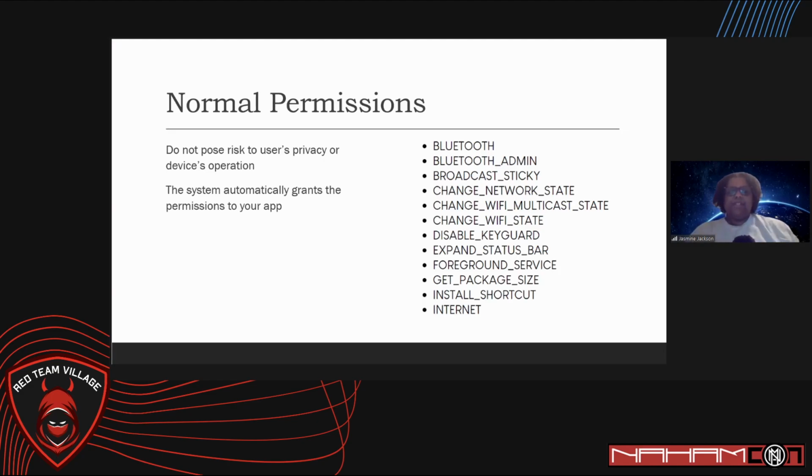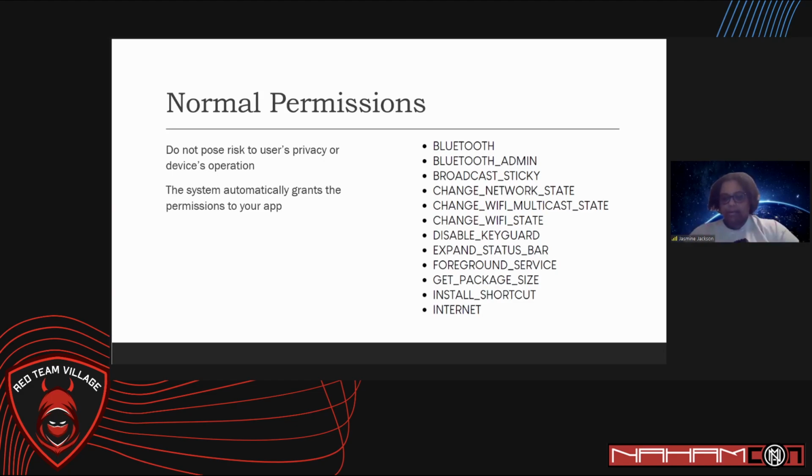So as I mentioned before, permissions. Normal permissions do not pose a risk to users' privacy or device operation. And the system automatically grants these permissions to your app because the Android operating system sees these permissions and it's like, oh, yes, this is fine. These apps will not hurt me.